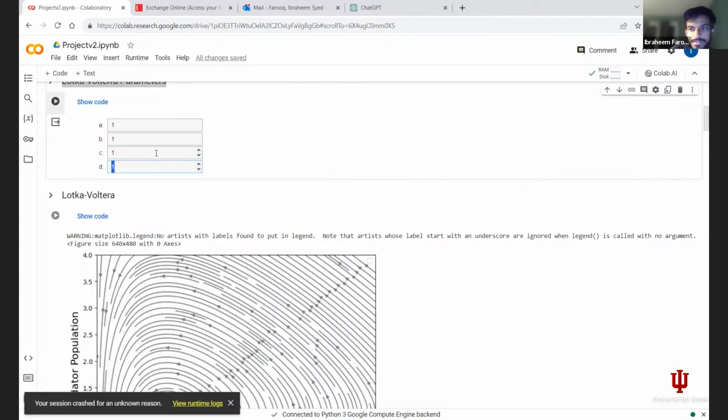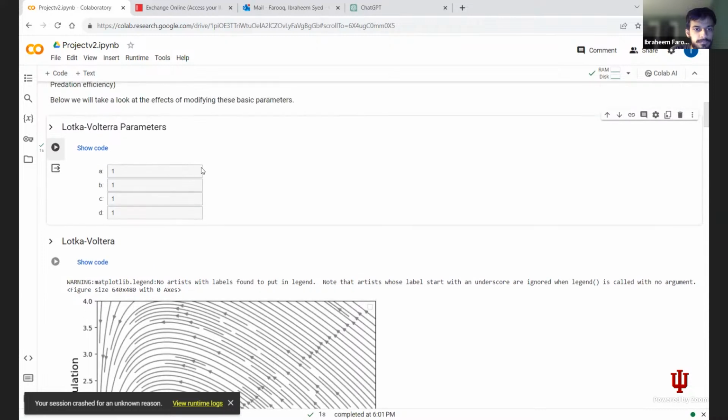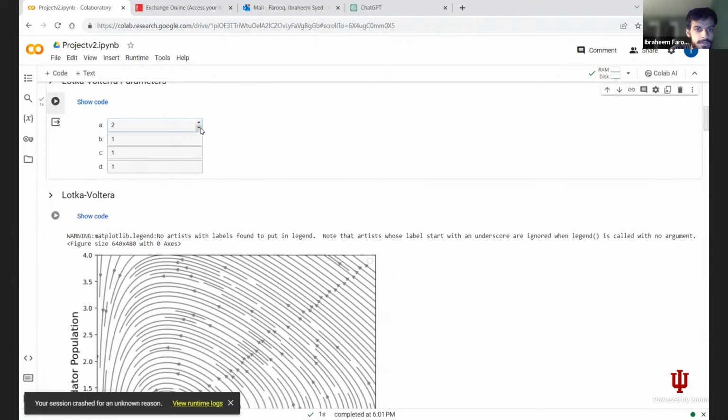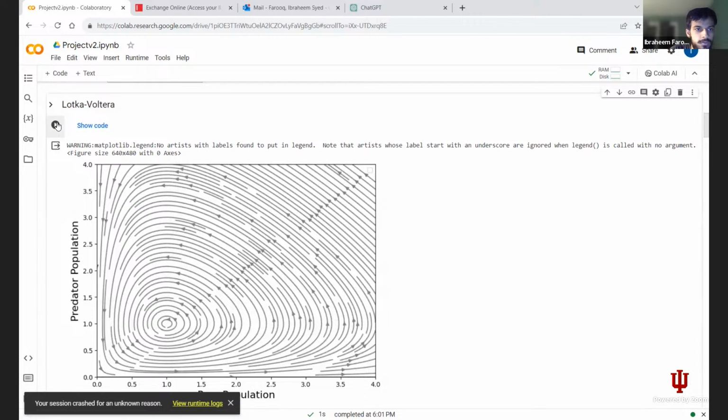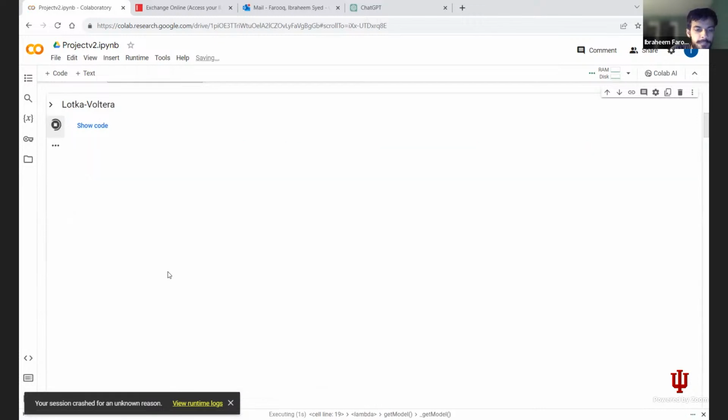If you modify it, just like we did in class, I don't really want to go too deep into this. But for example, if the growth rate of the predators is higher, if the growth rate increases, we should expect to see a shift to the right.